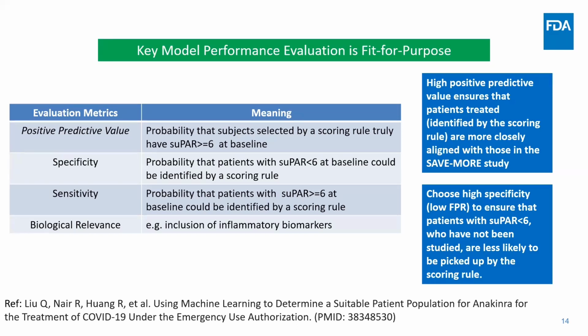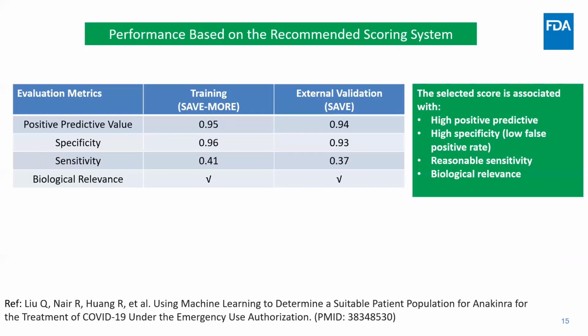But we want to make sure the patient selected by the scoring rule can really receive the treatment benefit from anakinra. So that's why the consideration is, how to say, sort of prioritized towards the PPV and specificity.